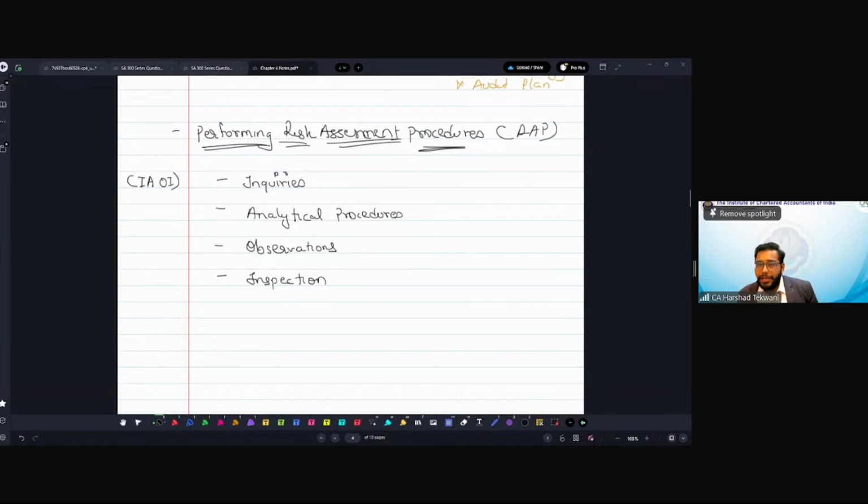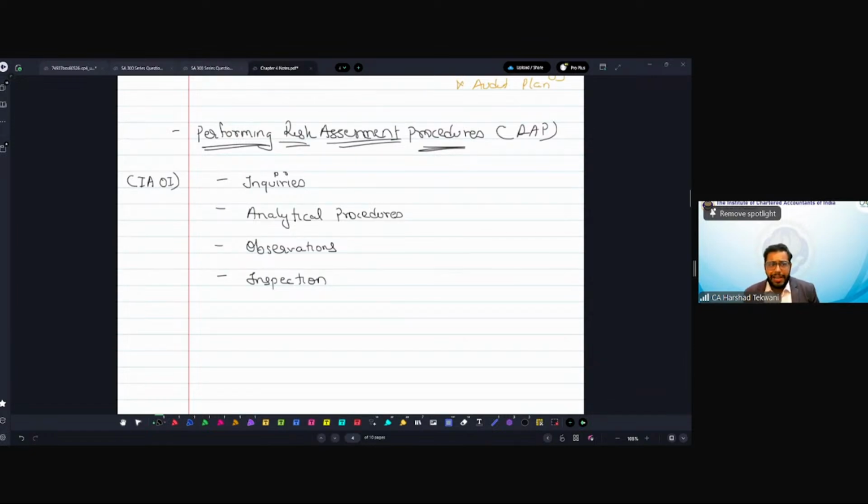Now, the second question is about analytical procedures. We understood the inquiry perfectly fine. Very good. Analytical procedures. Where would you perform analytical procedures? Can someone give me an example of the analytical procedures that are performed at the risk assessment stage? Anyone? Okay, Hemant, good, very good.